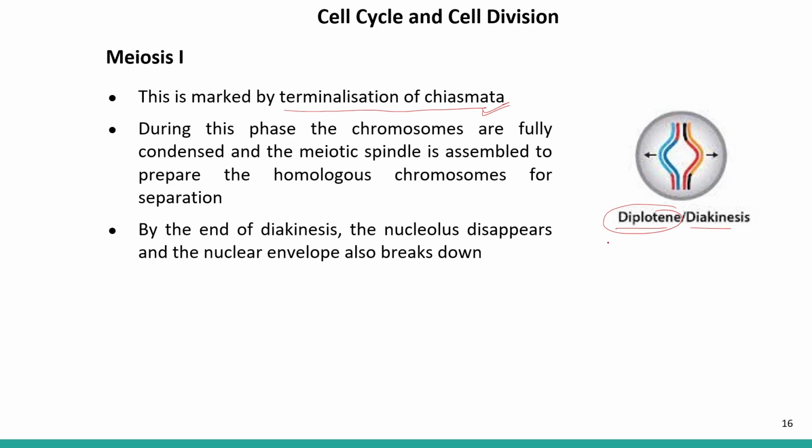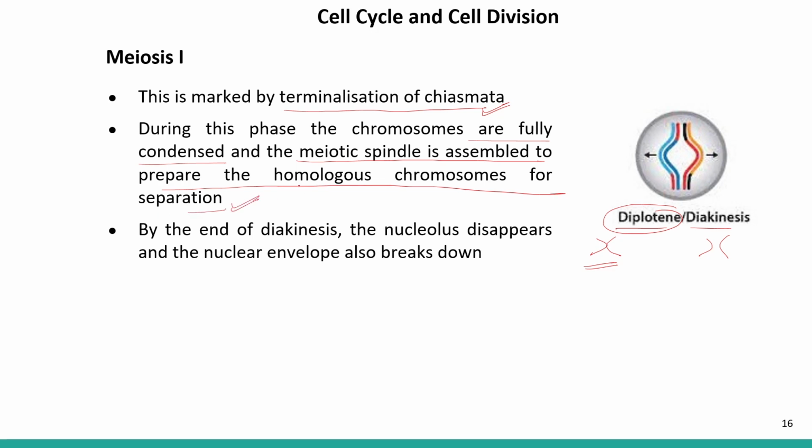In the diplotene, it is showing the X-shaped structure of the chromosomes, but here in the diakinesis, they get separated. During this phase, the chromosomes are fully condensed and the meiotic spindles are assembled to prepare the homologous chromosomes for separation.